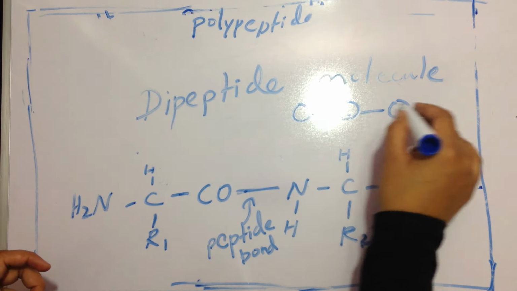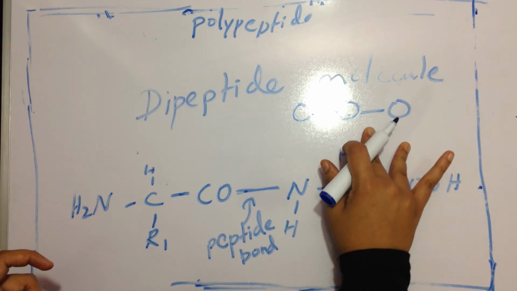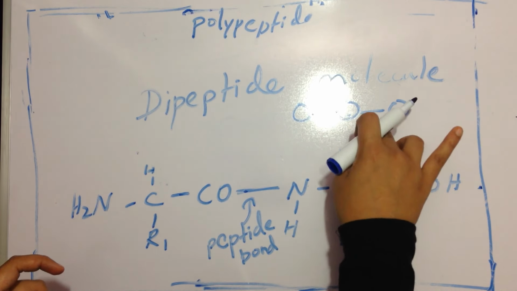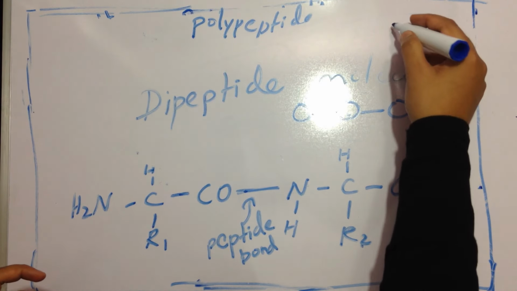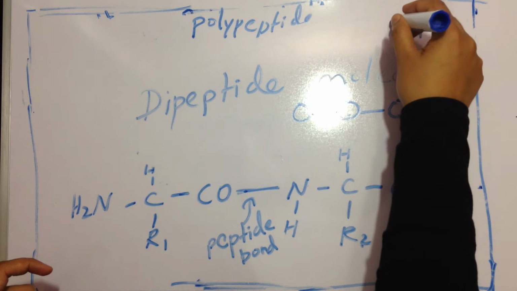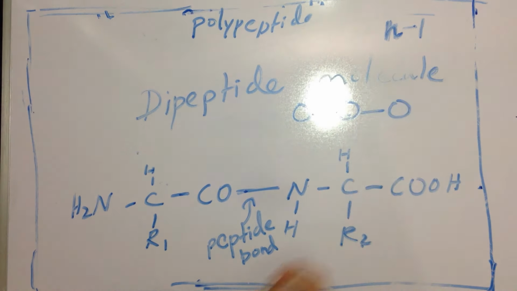Let's say these circles are amino acids. If there are 3 amino acids, there will be 2 peptide bonds. So the number of peptide bonds is n minus 1, where n is the number of amino acids.